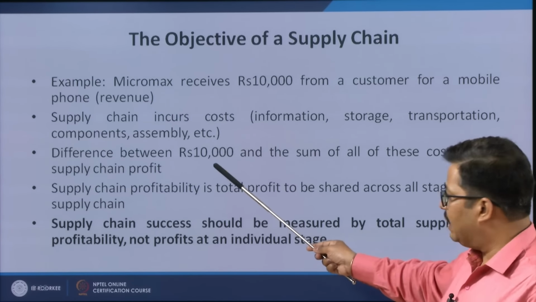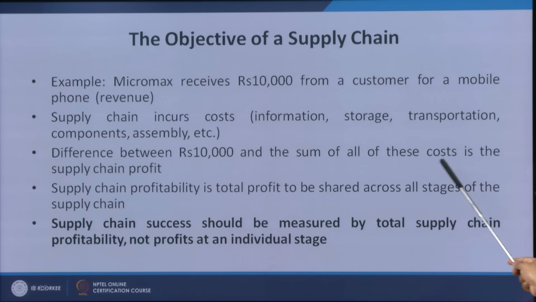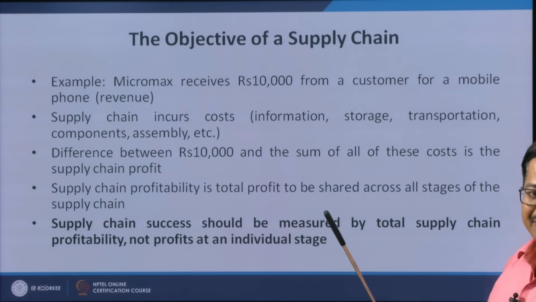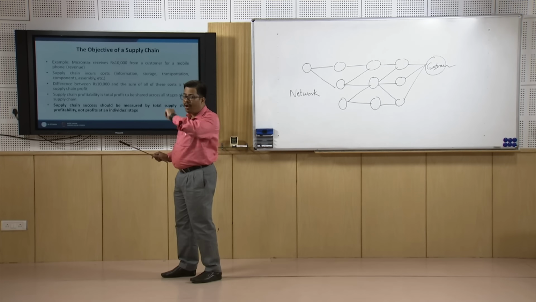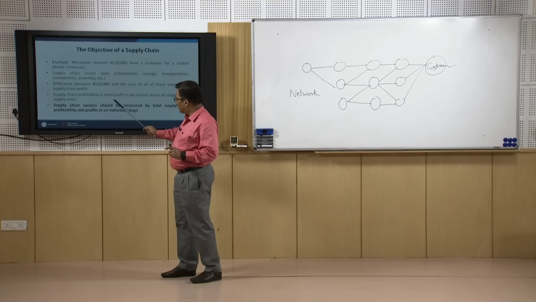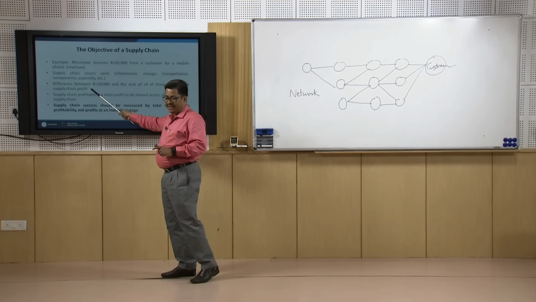The difference between this 10,000 rupees and the sum of all these costs is the profit of the supply chain, and throughout this course we are targeting to maximize this supply chain profit.